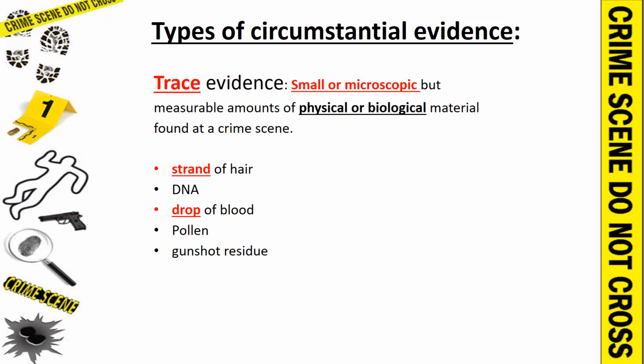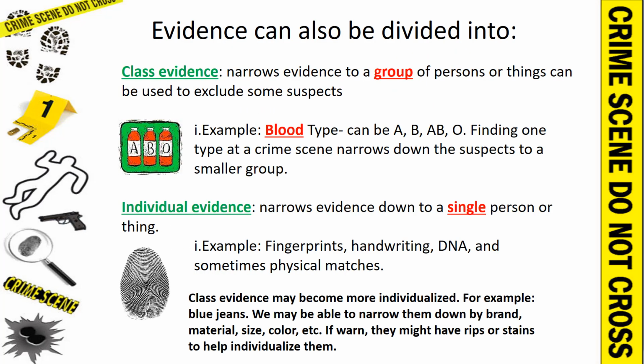Now, below our biological and physical evidence, there are two more subcategories, and those are called class and individual. Class evidence is evidence that's going to narrow down to a group of people. Blood type is a good example of class evidence.